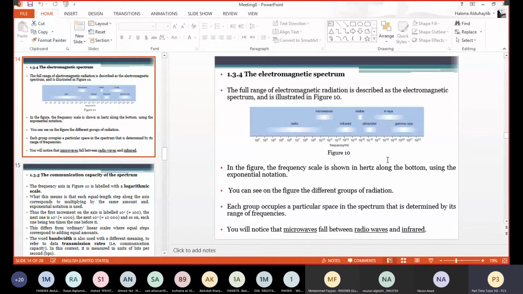All these are different types of electromagnetic radiation. Each one of these has a different frequency, which means a different number of cycles per second.